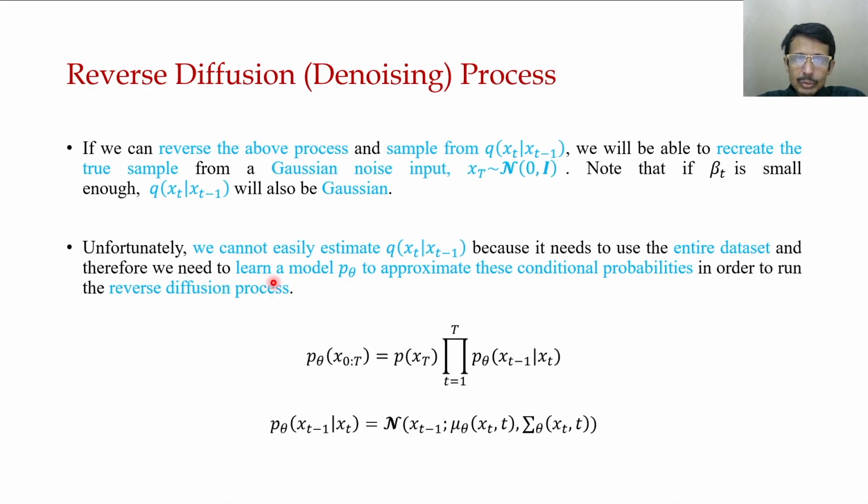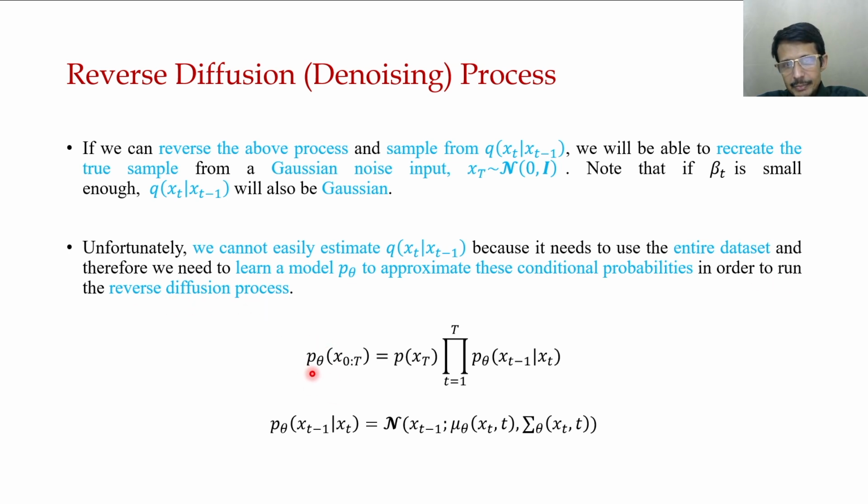and therefore we need to learn a model p theta. We cannot do this in a straightforward way, so we do it by means of a model, a neural net or something similar, parameterized with theta, to approximate these conditional probabilities in order to run the reverse diffusion process.